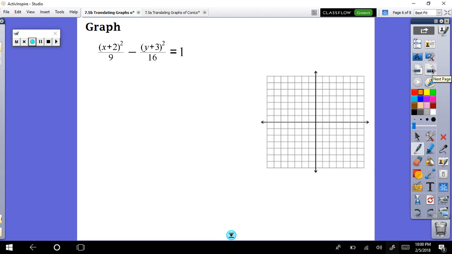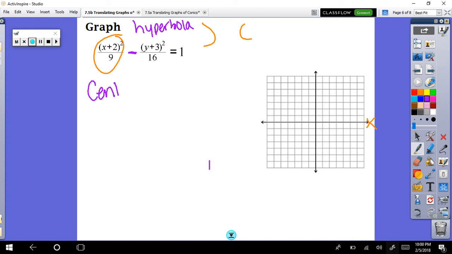All right, let's actually graph one. So we look at this first. This is telling me that it's going to be opening on the x, so it's going to be opening left and right on the x-axis. I'm going to start by identifying it as a hyperbola as well, because it's subtraction and then it opens left and right.